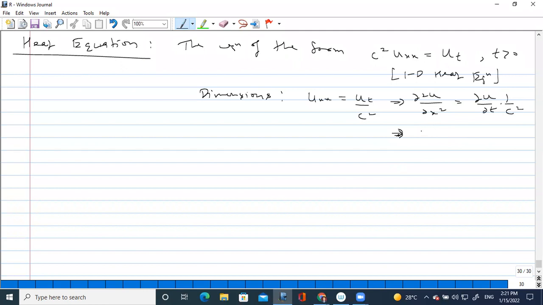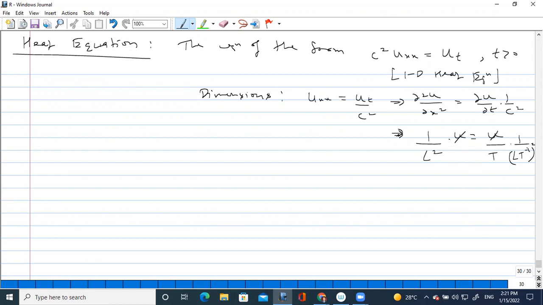So here del 2u by del x square, I will write only L square. U I will leave like this, and this is time. Time is second. One by L t minus one and whole square of that. So u to u cancel.